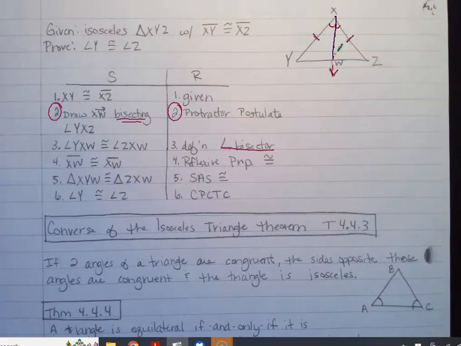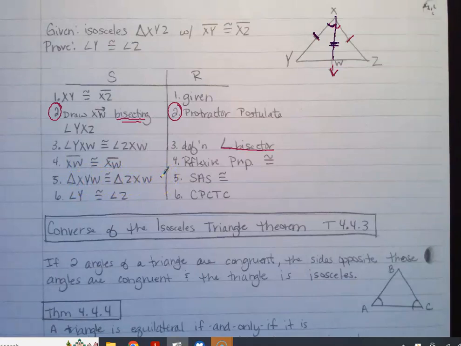With that, we've just proved a side, an included angle, and another side are congruent. So those two triangles are congruent by SAS: triangle XYW is congruent to triangle ZXW.